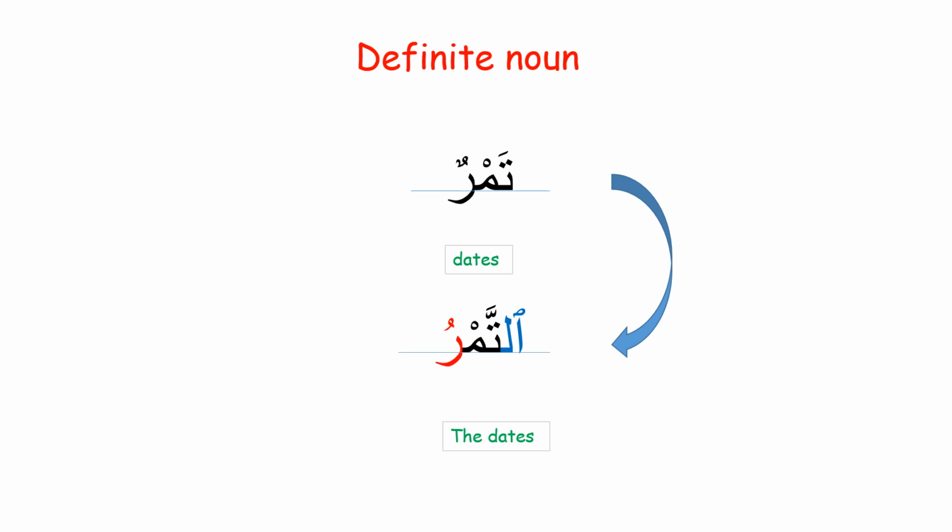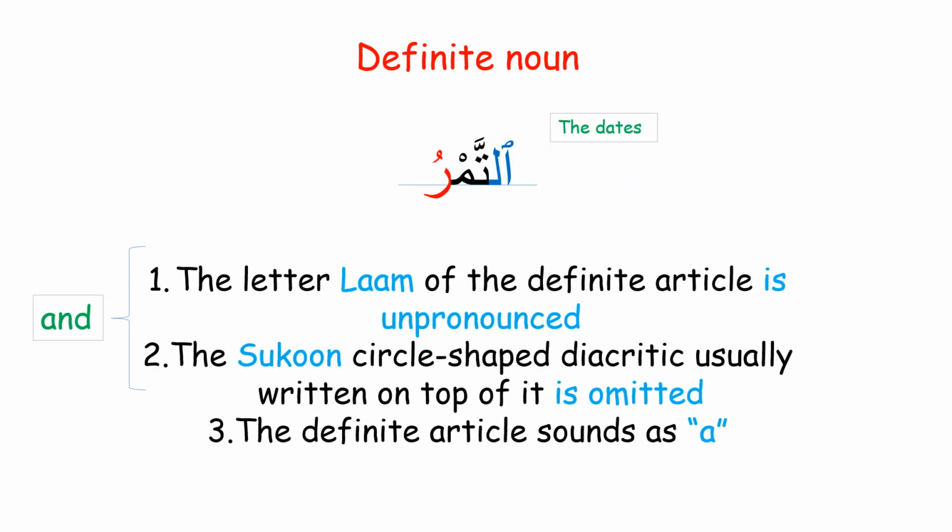Listen carefully, please. At-tamru. One more time. At-tamru. As you can notice, the temporary short vowel provided by Hamzatul Wasl is still fatha, whereas the letter lam is dropped pronunciation-wise, which makes the definite article sound as a instead of al. I hope you've got the hang of it.